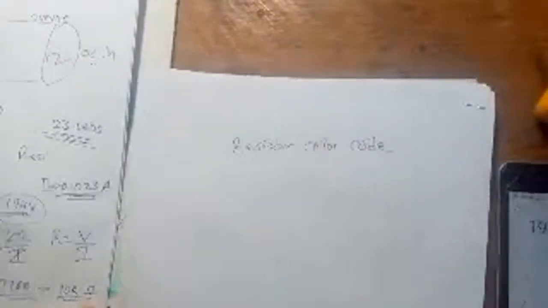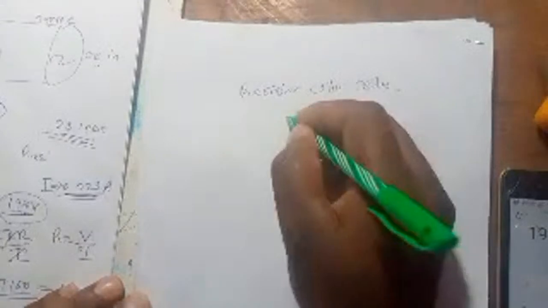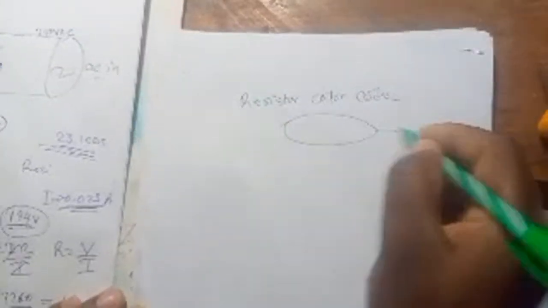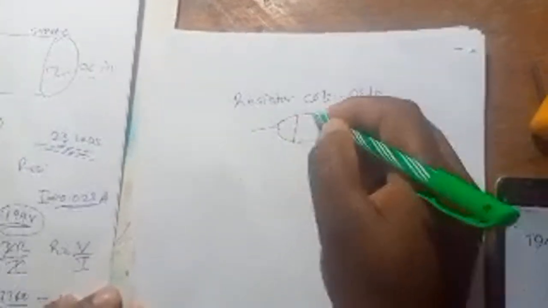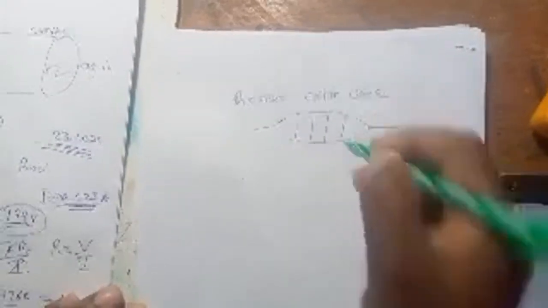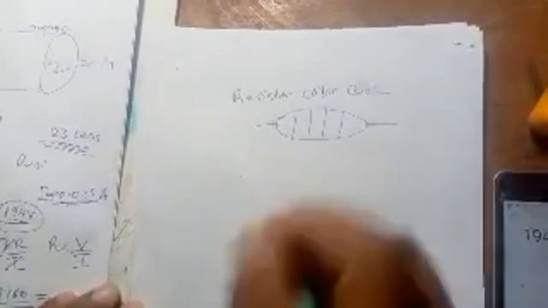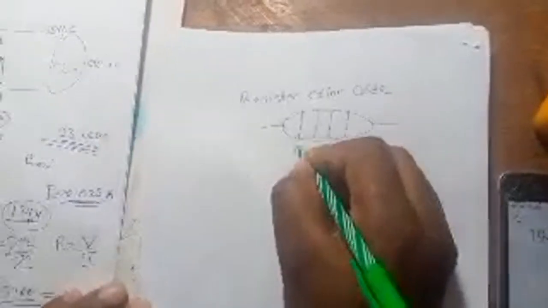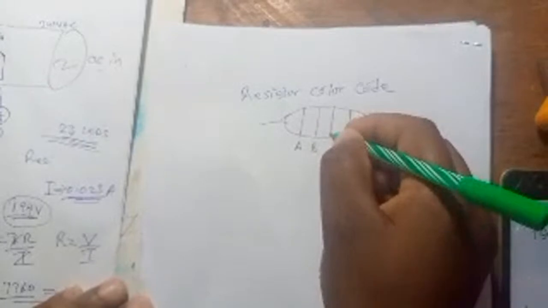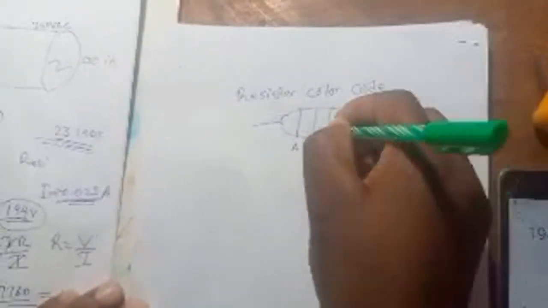Resistor color code inakuwa na color, so inakuwa labeled, this is resistor, iko na color moja hapa, ingine hapa, ingine hapa, ingine hapa. They are normally 4. So hii inakuwaga ni moja, hii ni mbili, then ya tatu ndio inakuwa multiplier.